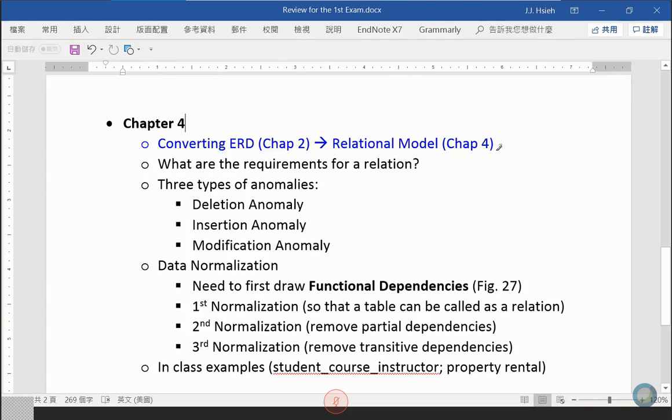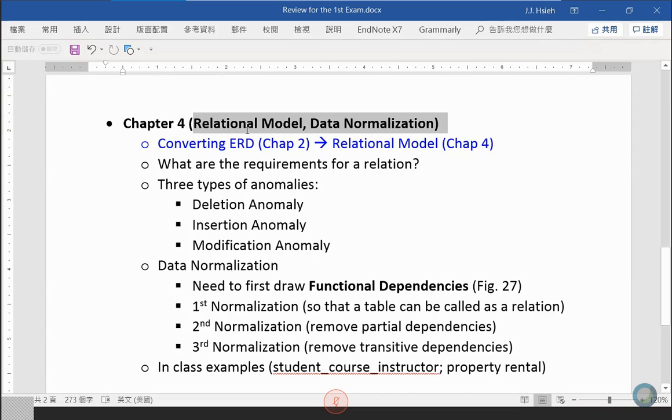Yes, thank you. So chapter 4 is primarily talking about the relational model and data normalization. I think these are the key things you need to know about.